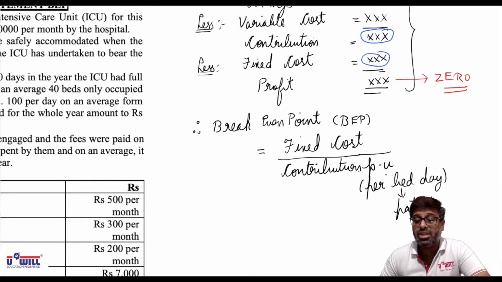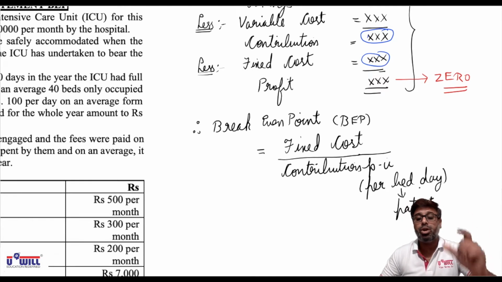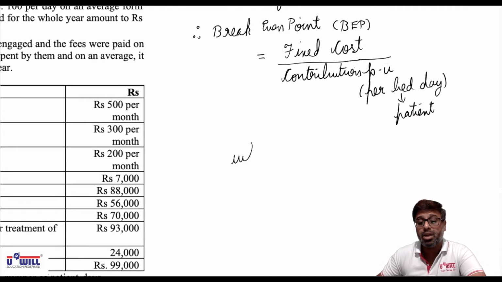Number of beds or number of patients into number of days in the year will give you total patient days or bed days. Contribution divided by total number of bed days or patient days will give you contribution per bed day.